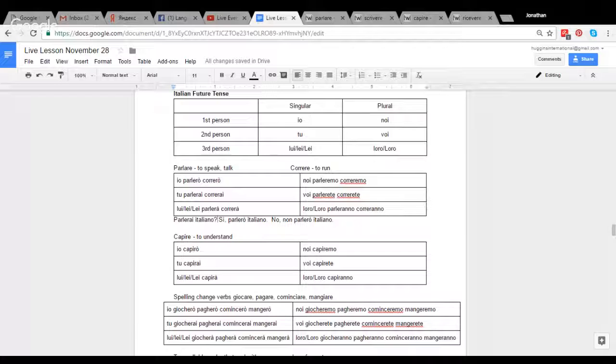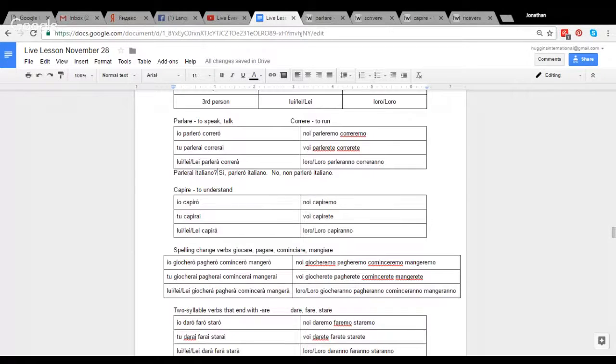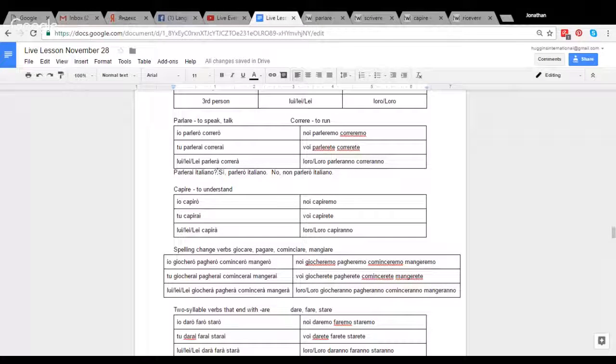You also need to keep in mind some verbs that change, like in the first person of the present tense. These will keep that kind of spelling change throughout all of the conjugations. So you have giocherò, pagherò, comincerò, mangerò, for these verbs of giocare, to play, pagare, to pay, cominciare, to begin, mangiare, to eat.